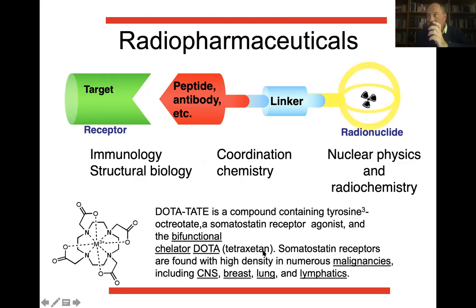Now, somatostatin is interesting because generally receptors of somatostatin are not very common in normal cells, but are very high densities in different cancers, like CNS, breast, lung, and lymphomas. So if you use this compound, you will bind to the somatostatin receptor and you have a high probability to target cancer cells. Then if you have a good killer here, you will kill the cell.